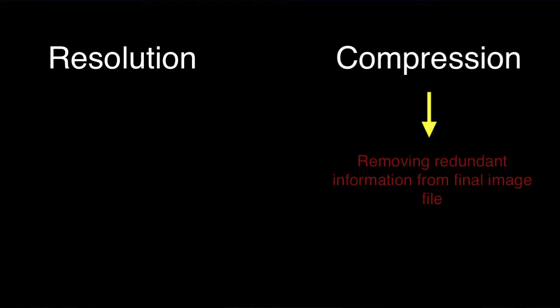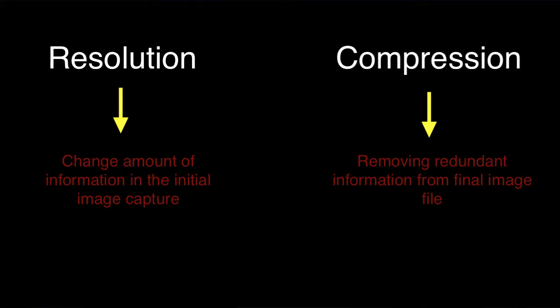Most digital cameras offer you the opportunity to control the resolution of the image. This is different than compression because compression refers to removing extraneous or redundant information from the final saved image file. When you change the resolution, you change the amount of information that's initially captured. If you set your camera to a low resolution setting, then the camera will lack the ability to actually see as much color or detail.